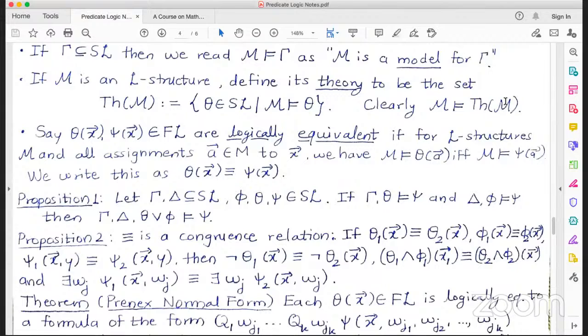Yes, a complete theory is a maximally satisfiable theory. So you cannot have anything extra. The first order sentences which are true in reals are precisely the sentences which are true in hyperreals. It goes both ways. It is if and only if. Yes, Prasenjit.